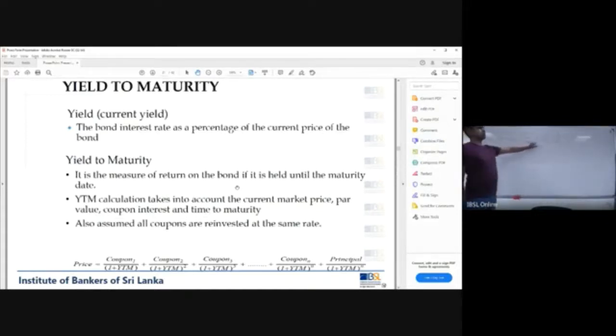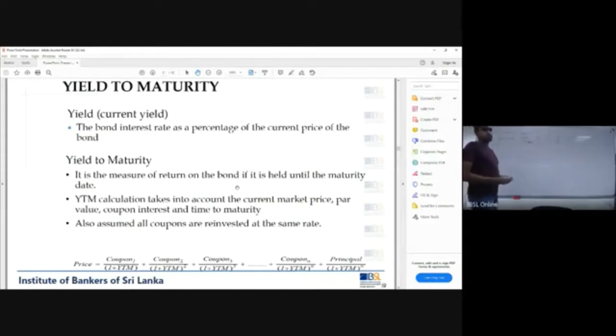And you get coupons of 10, 10, and coupon plus the face value of 110 when it matures, right? So if you look at these cash flows, you have an outflow followed by a series of inflows. This is the normal cash flow. Can you remember normal and non-normal cash flows? Right? This is a normal cash flow. So if you have a normal cash flow, you can calculate the IRR, the internal rate of return.